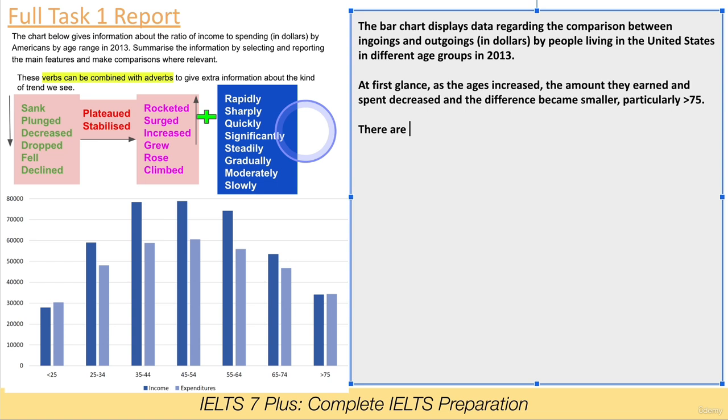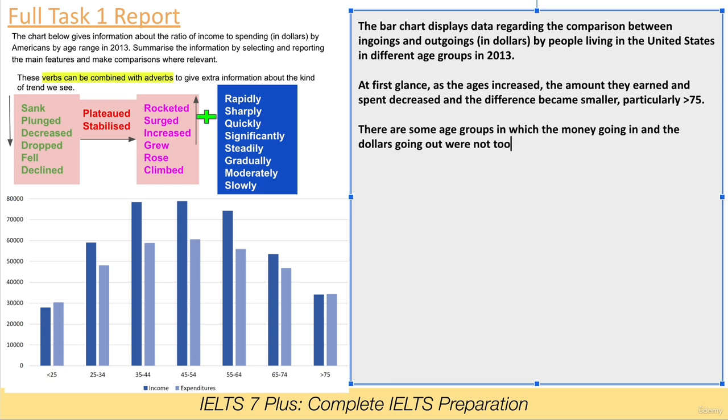So we could say there are some age groups in which the money going in and the dollars going out were not too dissimilar.